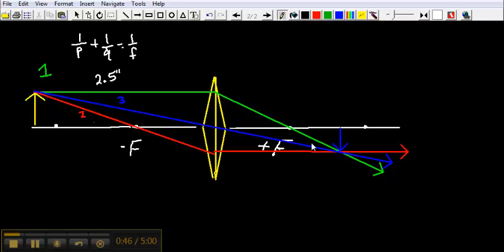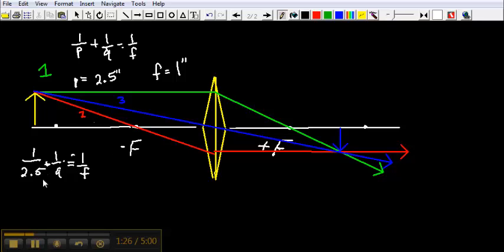Okay, all right. The focal points that we're using, I'm approximating those at about 1 inch. So if we were to put them in these equations, then we have 1 over 2.5 plus 1 over q equals 1 over f, which is 1 over 1, right?